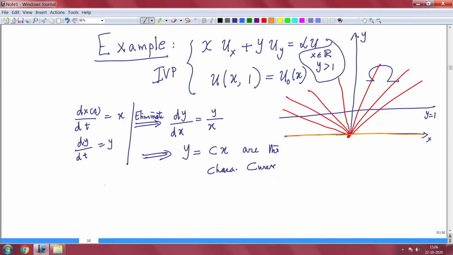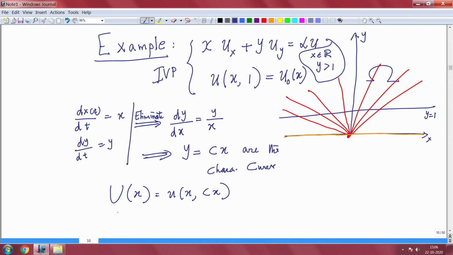So, now you restrict u, and you define my u of x equal to, let me do this one, instead of the t parameter I removed it, so u of x is equal to small u of x, cx.